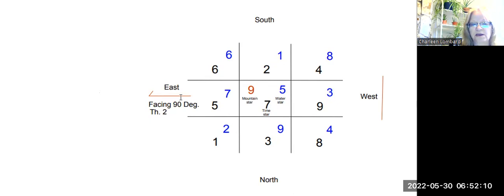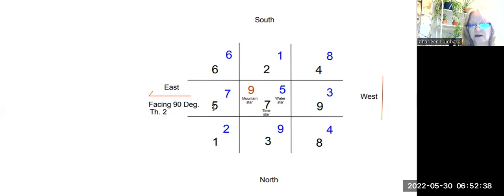So when you take your facing, which is this direction, see the facing is 90 degrees, okay, and it's facing east. So the east is the facing and the west is the sitting. The west and the east determine what the mountain and the water star are in the center.